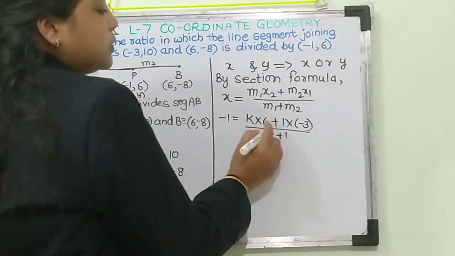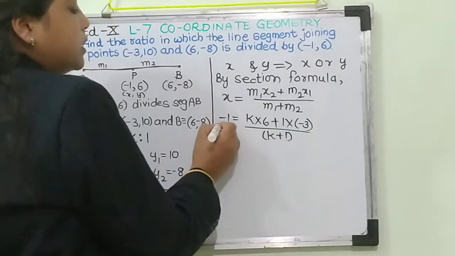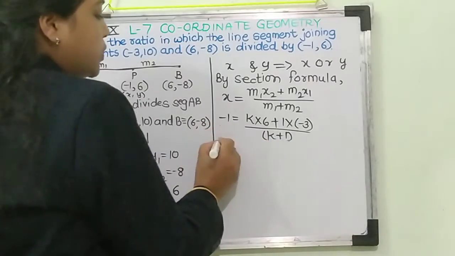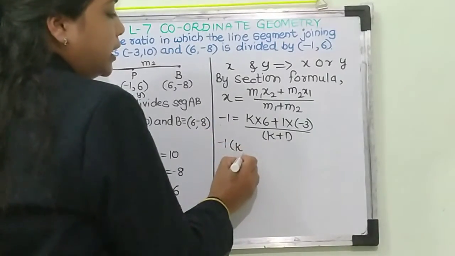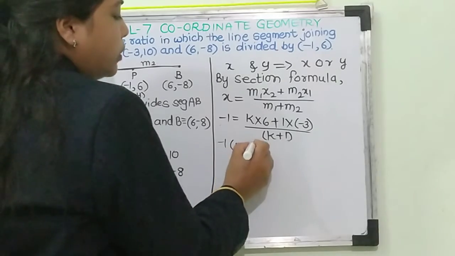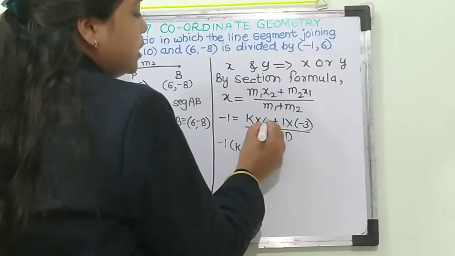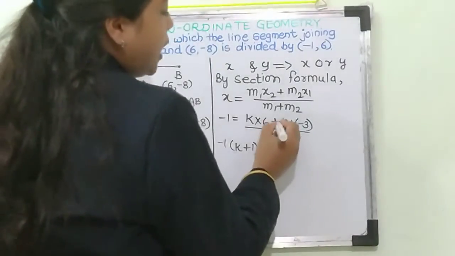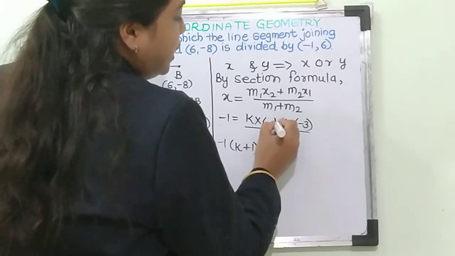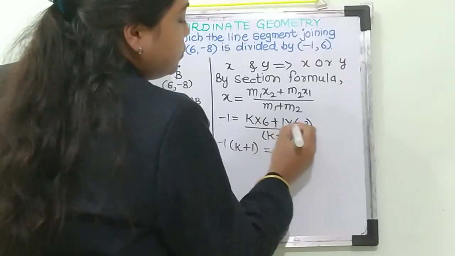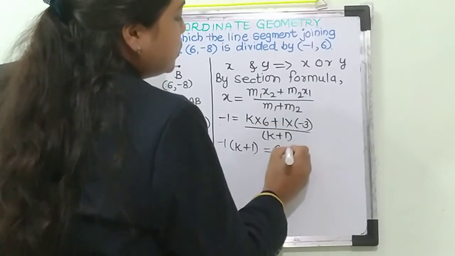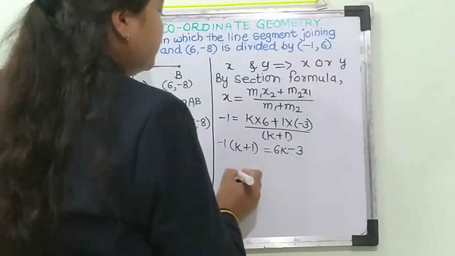Now this k plus 1 term comes to this side. Here it is divided, this side goes multiplied. So minus 1 into k plus 1 equals to 6 into k, that is 6k, and here we get plus 1 into minus 3, so here we get minus 3.